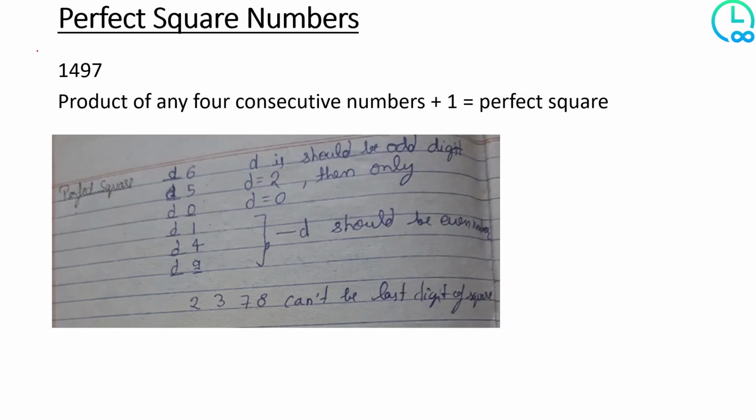Now digital root is not part of the classification, but this is a concept I will need to explain because I have to explain perfect square numbers. So digital root is basically the sum of the digits of a number. Let's write 13. The sum of digits is 1 plus 3, that is 4. So this is the digital root of 13.